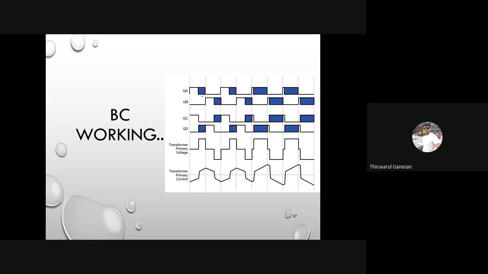Here you can see QA and QB have a 180 degree phase shift. Similarly QC and QD have a 180 degree phase shift. And you can see QA and QD will be switched on in this blue portion. Here they are maintaining 50% duty cycle for the first cycle and the second cycle.